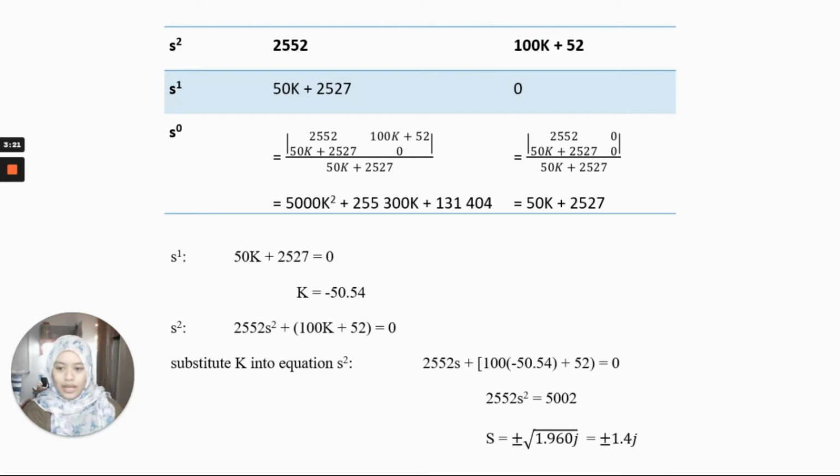Then we can calculate the value of k, which is negative 50.54, and based on the value of k, we substitute it into the s squared equation, and we get the value of s as plus minus 1.4j.